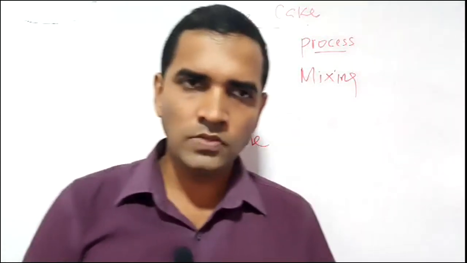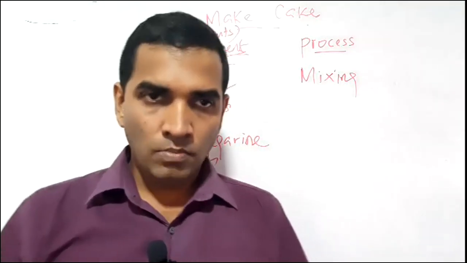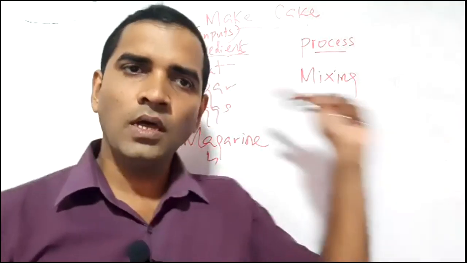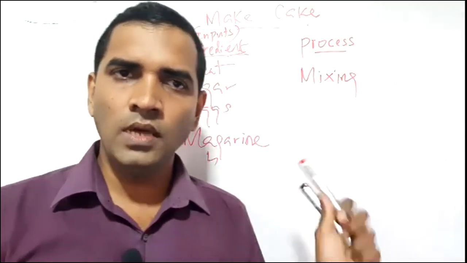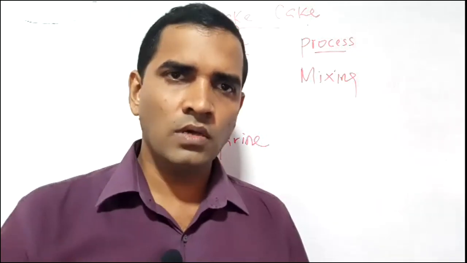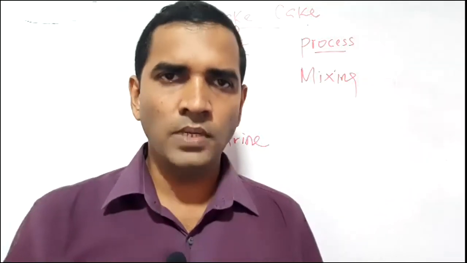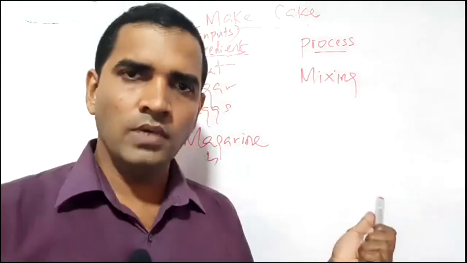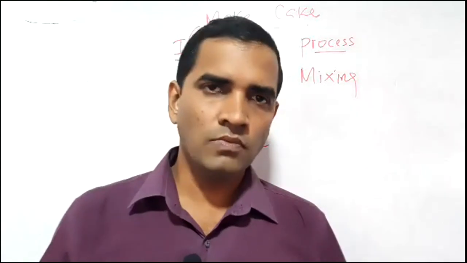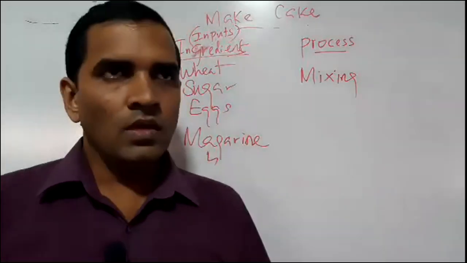Have you understood? You have eggs, wheat flour, sugar, water, margarine. You cannot keep them as they are because they are raw materials, unprocessed things existing in their normal shape, normal format. So now you need to involve them in processing. This is one of the major processes that you have to perform, mixing.